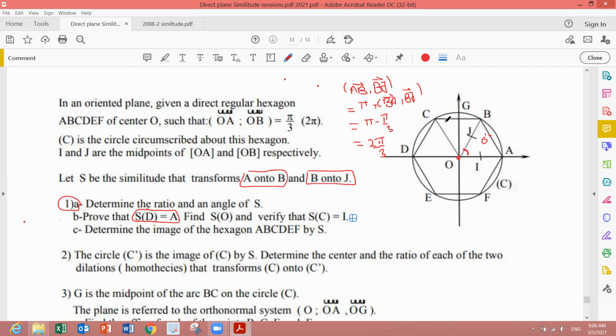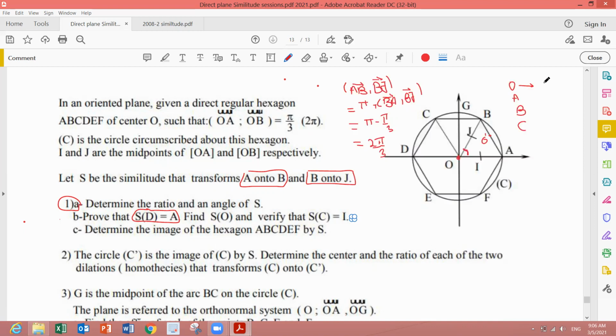ABCO is a parallelogram. What is the image of O?